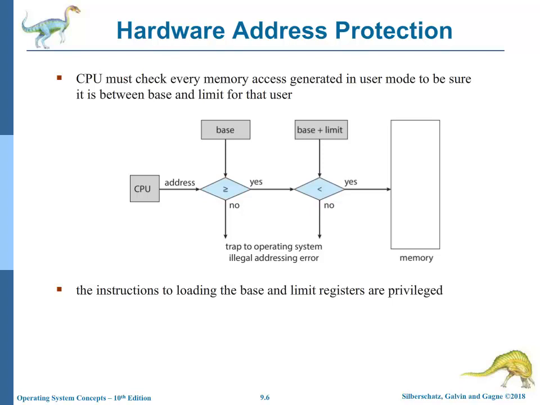So this scheme prevents a user program from accidentally or deliberately modifying the code or data structures of either the operating system or other users. The base and limit registers can be loaded only by the operating system, which uses a special privileged instruction.